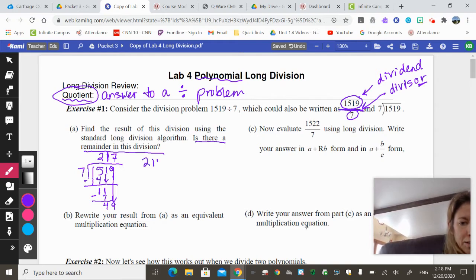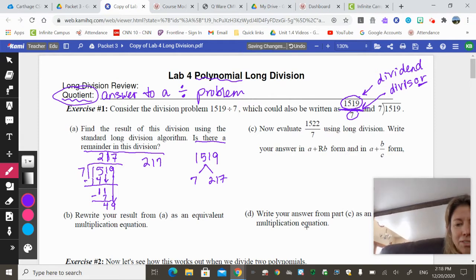That's the answer. And since there's no remainder, that means that if I were to split 1519 into factors, 7 and 217 would be 2 factors of 1519 because they divide evenly into 1519.